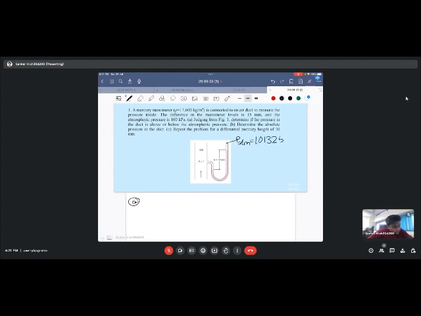That's 101.325 kilopascal, which is 1 atmosphere, which is 1.01325 bar, which is 76 centimeter mercury, which is 760 millimeter mercury, which is also equal to 760 torr, and this is Torricelli actually.